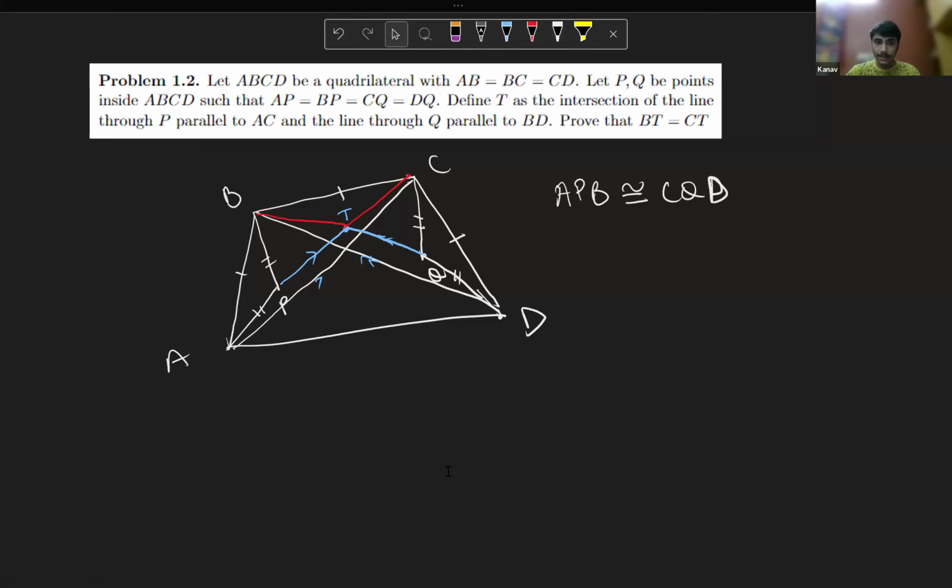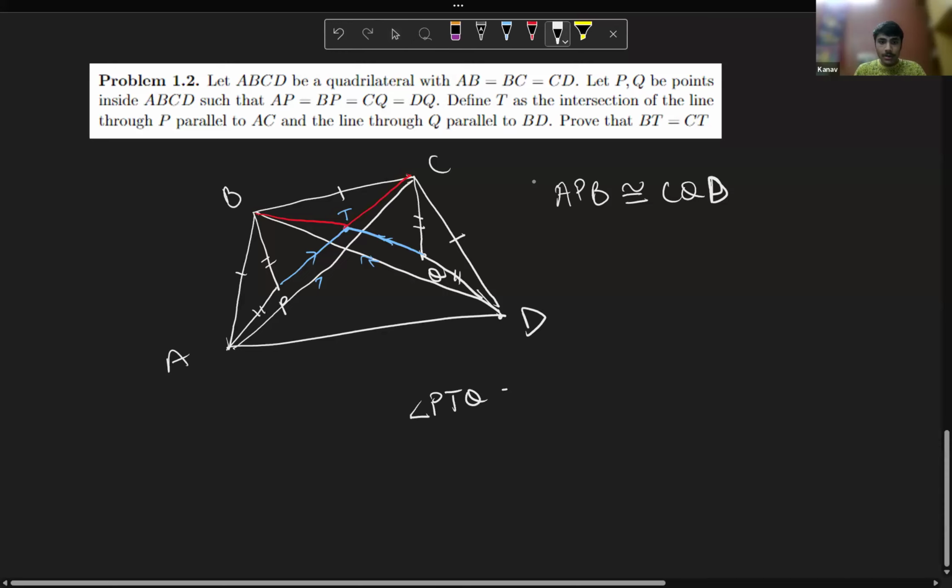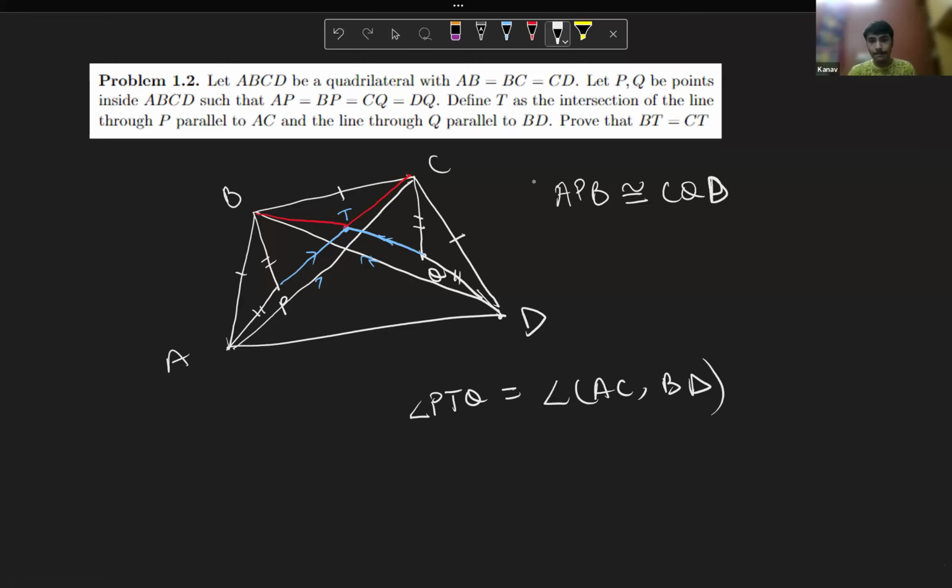The angle between lines PT and QT is equal to the angle between AC and AD. Yep, that is perfectly correct as well. So angle PTQ is equal to the angle between lines AC and BD. Perfectly correct because parallel lines make the same angles. So you have parallel lines, every angle is basically the same.